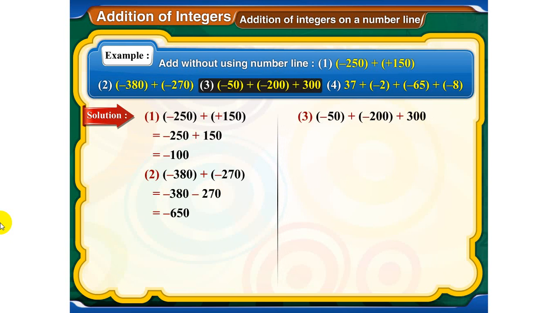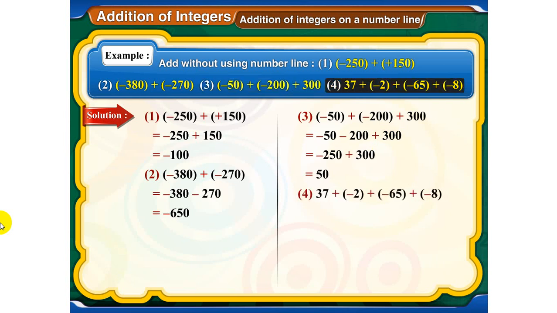3. Minus 50 plus minus 200 plus 300. This is equal to minus 50 minus 200 plus 300, which is equal to minus 250 plus 300, and that is equal to 50. 4. 37 plus minus 2 plus minus 65 plus minus 8.